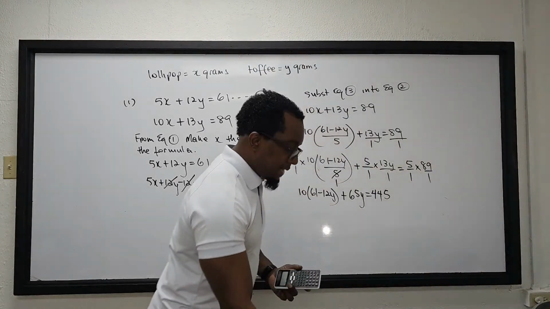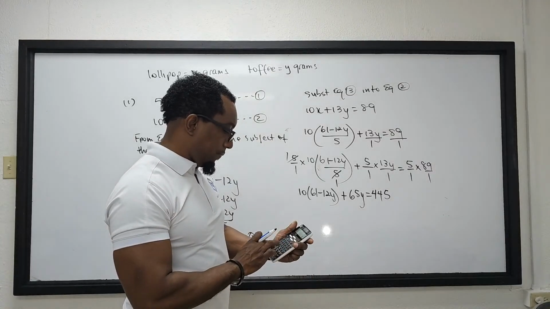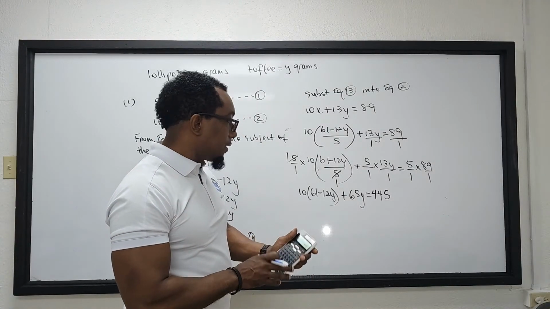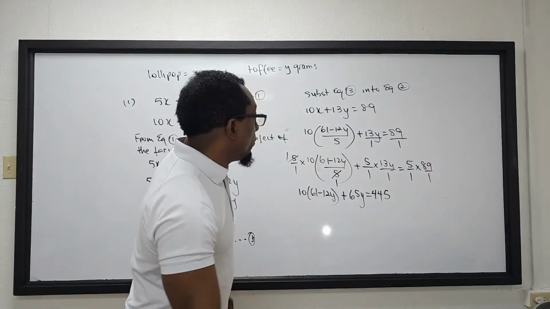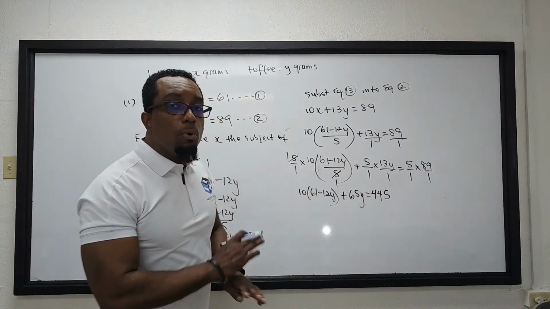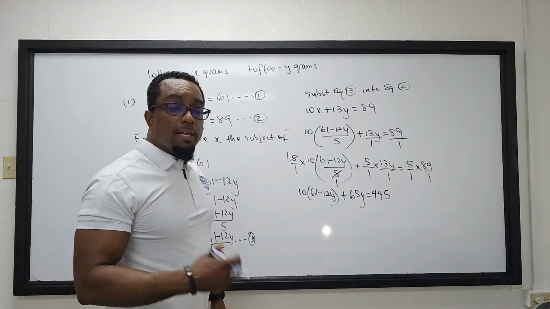So we have 89 by 5, let's double check. Right, so we get 445. So what we have here is an equation where no more fractions are involved. So let us solve this equation.